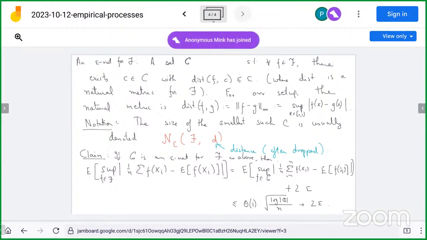So the quantity we need, the upshot of all this, is this bound. Let me write it here.